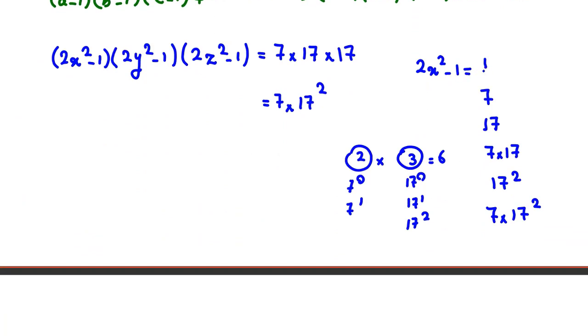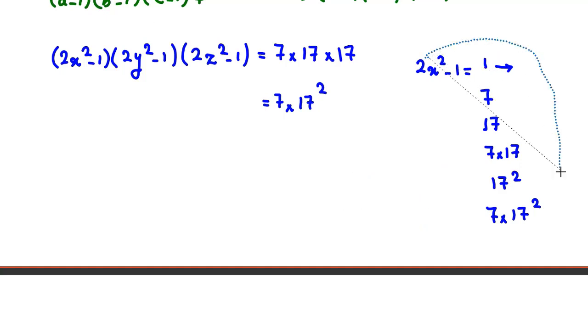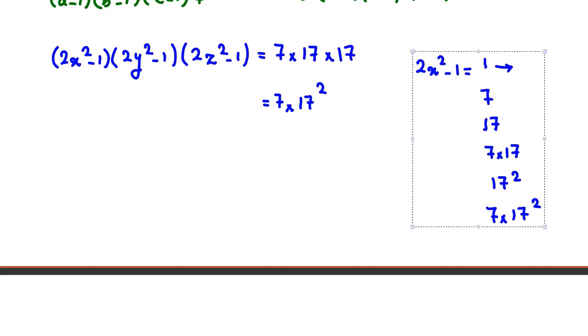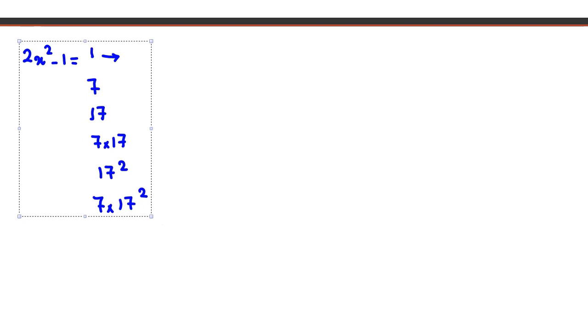When we consider 1, we will see 2x squared is 2. Let me erase this part and analyze. I want to see which divisors are possible. The first one, 2x squared, if you add 1 to both sides, is 2.